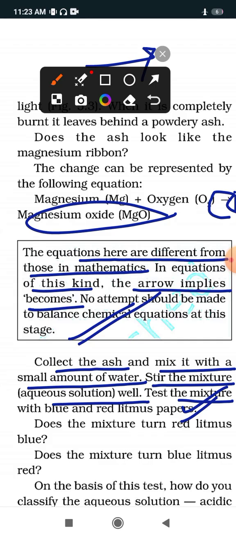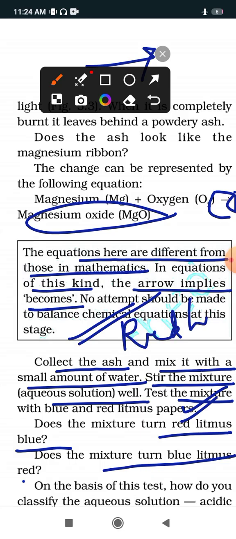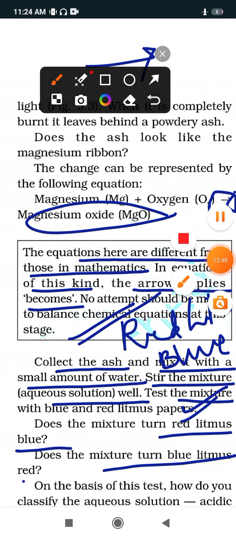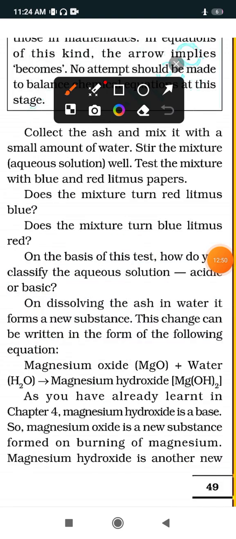Does the mixture turn red litmus blue, or does the mixture turn blue litmus red? It will turn red litmus blue. Why? Because here a base is formed.